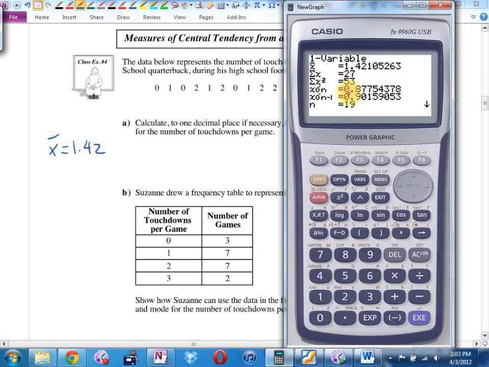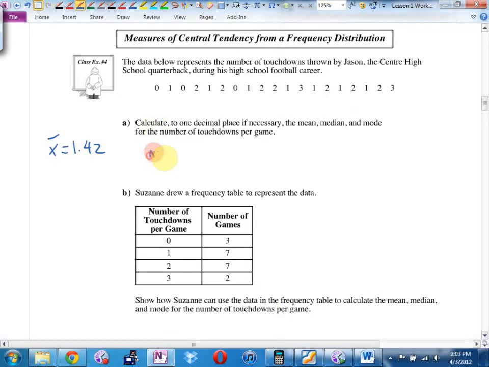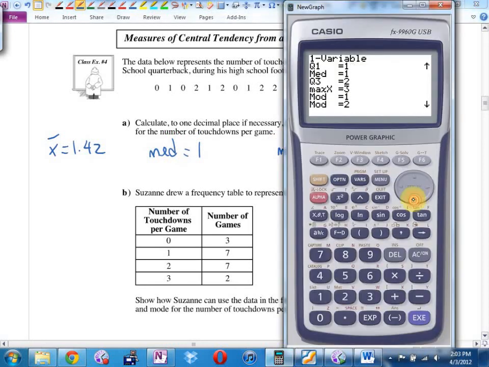We will be using these two. Oh, what's the median? What's the mode? It's not 1. It's not 2.